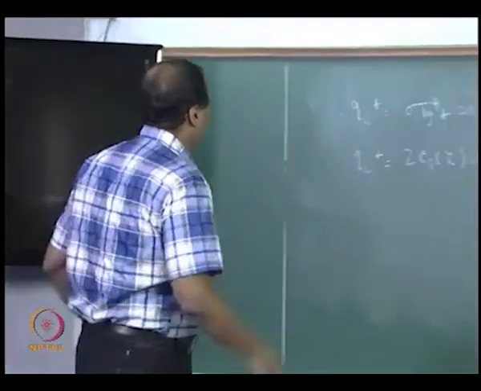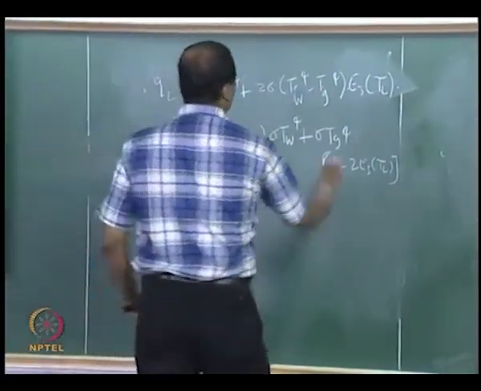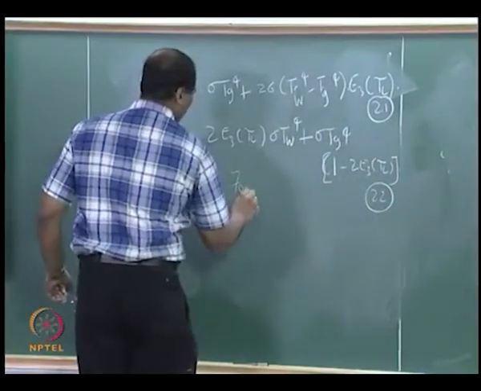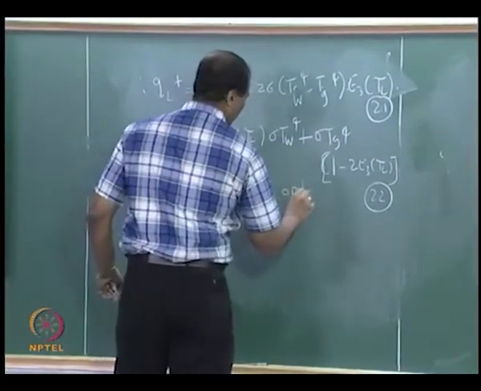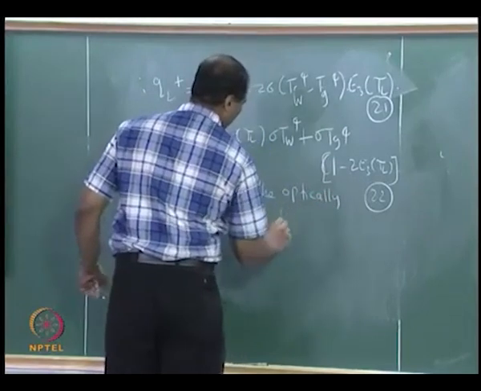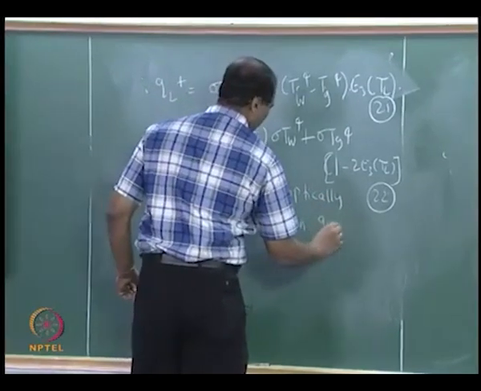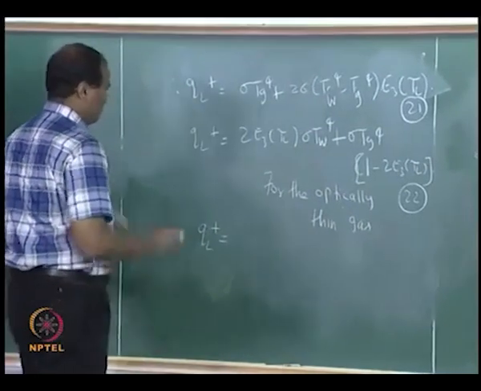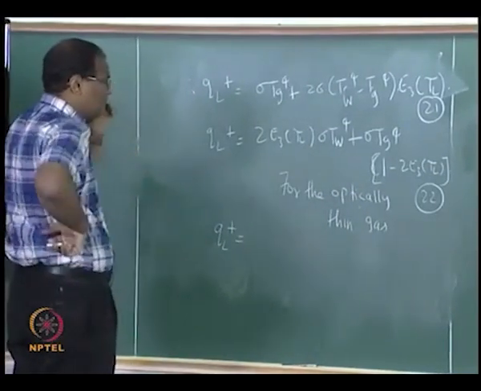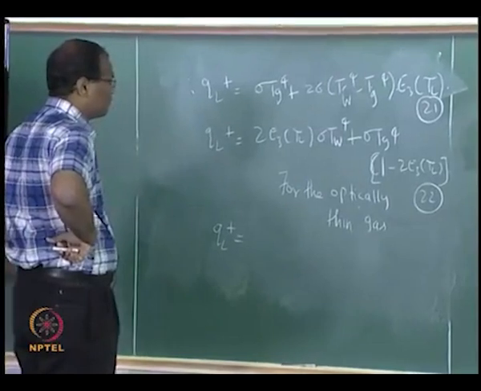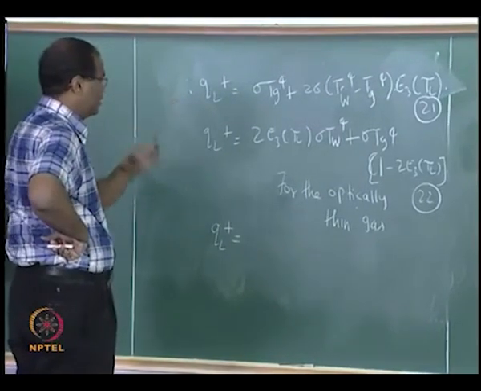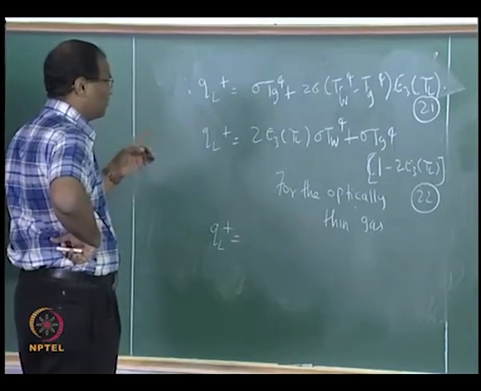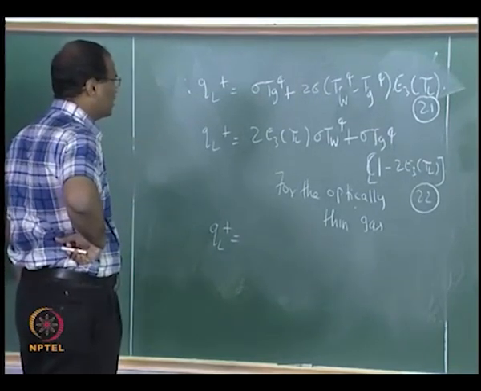Now we will apply it for the optically thin gas. What is E3? Half minus T, therefore this will be 1 minus 2T, yeah?